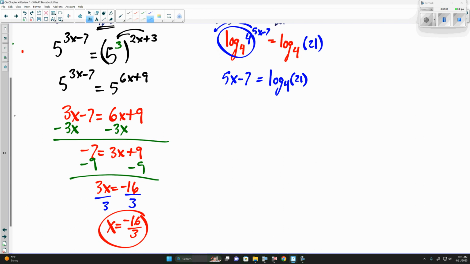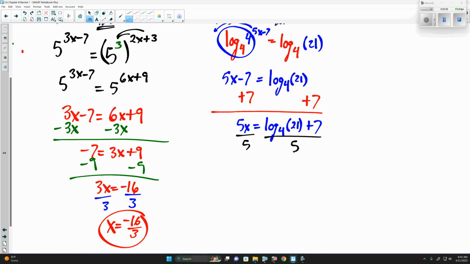And at this point here, we're going to solve. So we'll add 7 to both sides, telling us that 5x is equal to log base 4 of 21 plus 7. And last but not least, we'll divide both sides by 5, telling us x is equal to log base 4 of 21 plus 7 divided by 5.